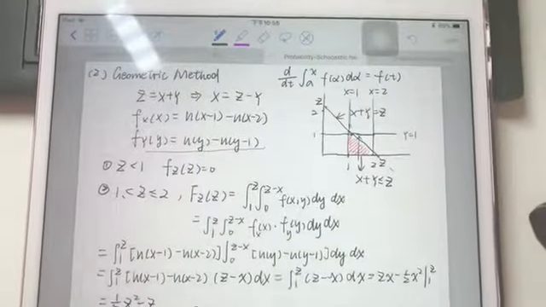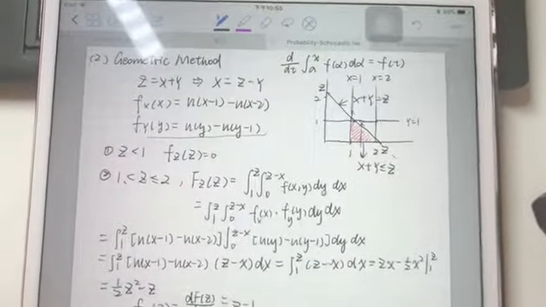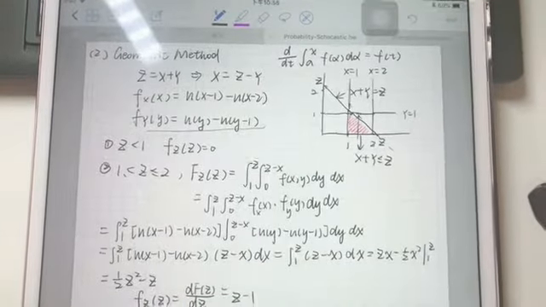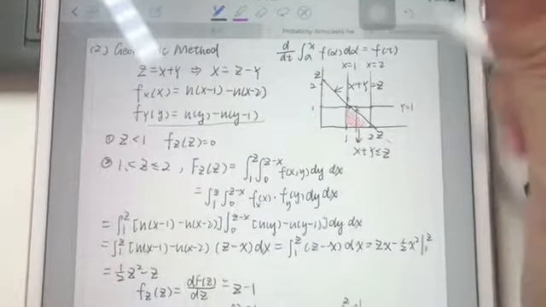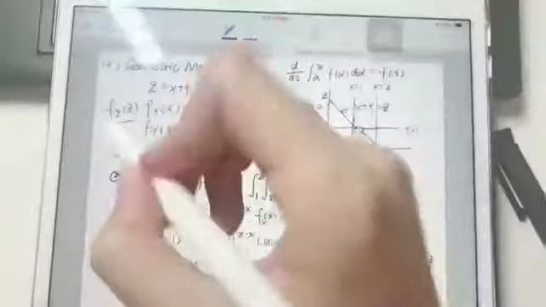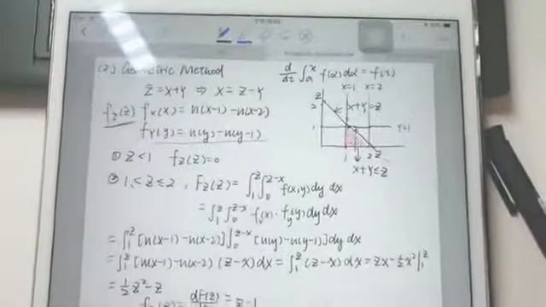Also note that the question asks us to find the little PDF of z, that is fz.